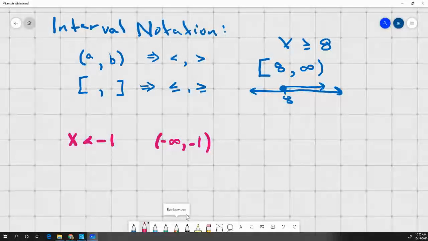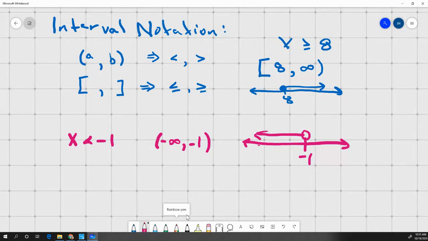It is less than, so both are parentheses when we do our notation. And if we were graphing that, we would have a point at -1, but it would be an open dot going in the negative direction forever and ever. So I just wanted to remind you of that.